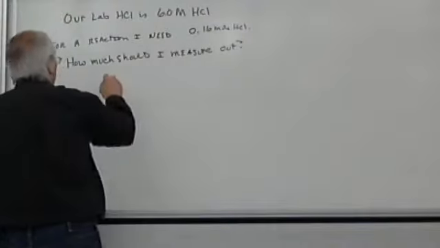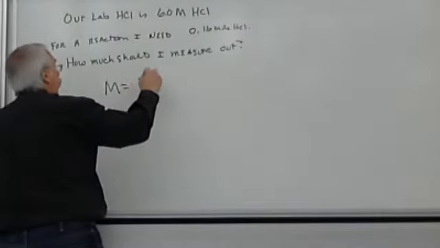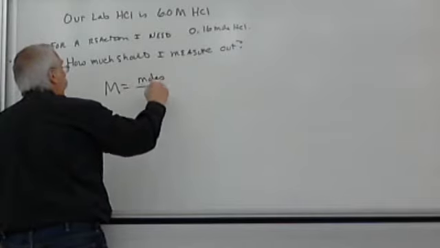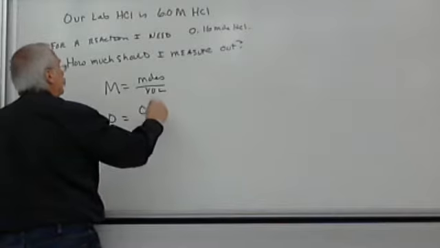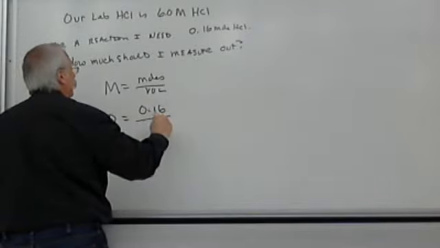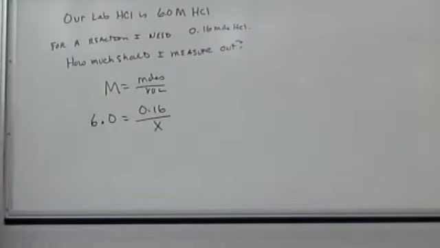Okay, I get what you was trying to tell me. Thank you. So you got 0.03, right? So our math comes down to 6.0 is equal to 0.16 over x. How would you solve this? 6x equals 0.16.